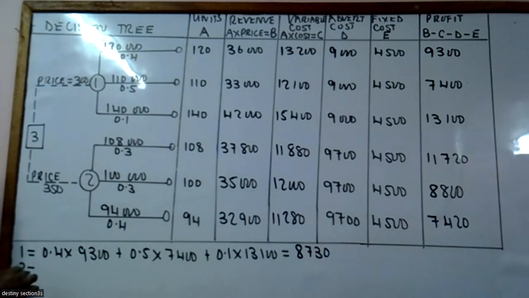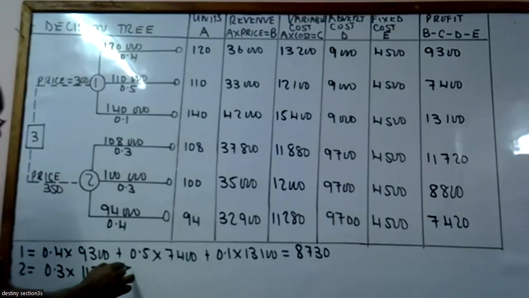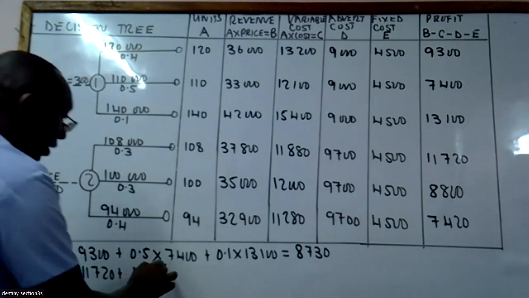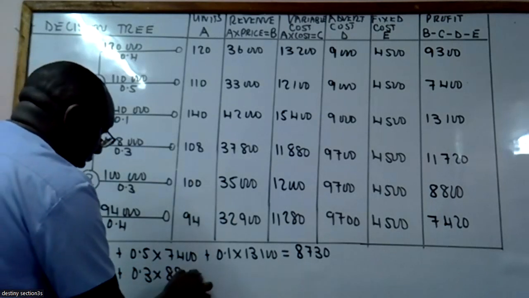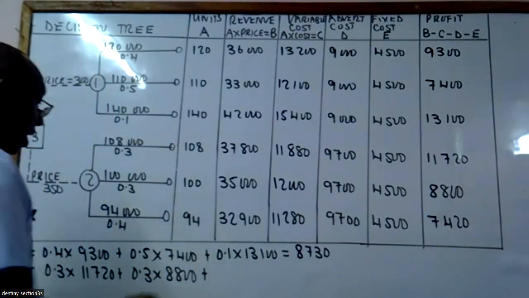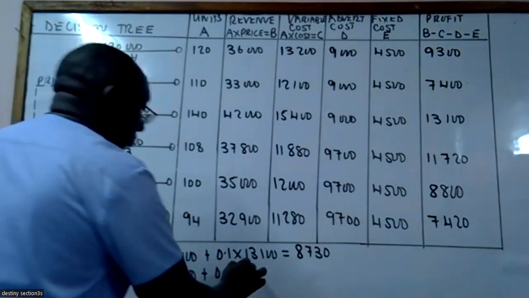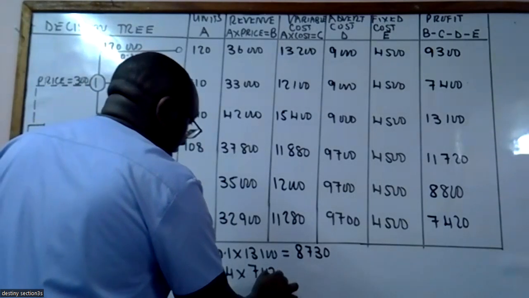Then when I come to node 2, I have to do the same: 0.3 multiplied by 11,720 plus 0.3 times 8,800 plus 0.4 times 7,420.